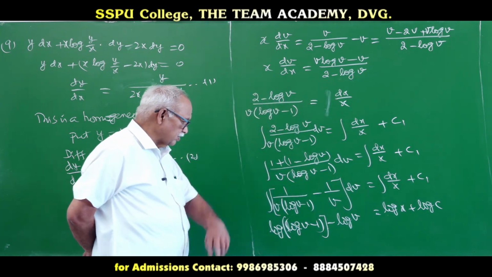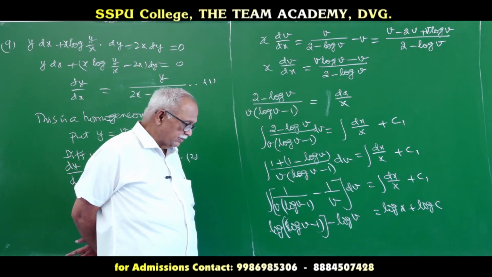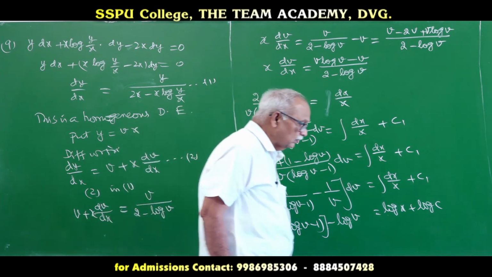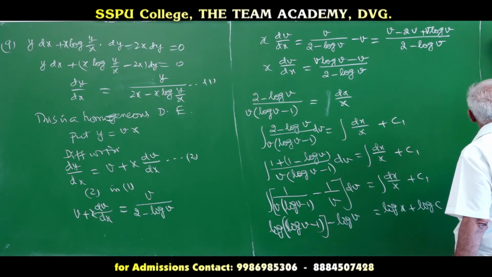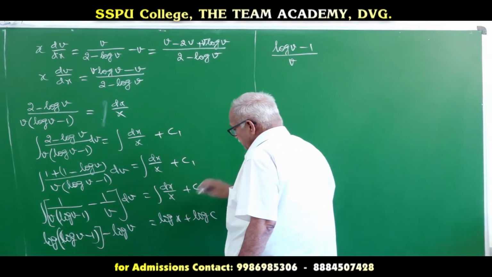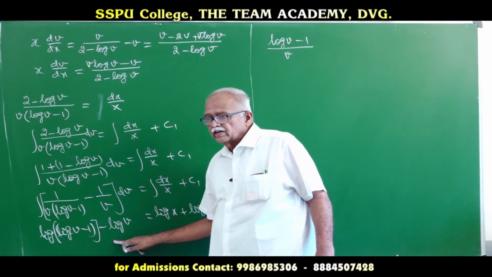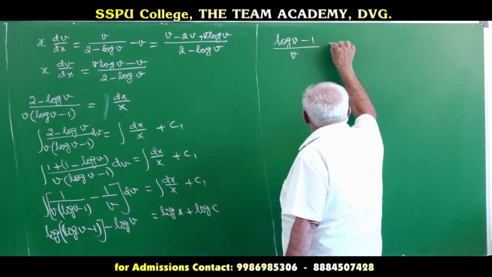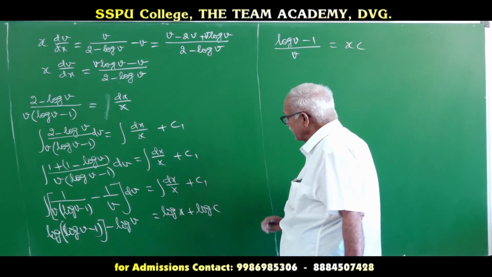So all the terms are in logarithms, so we can combine them appropriately. What is the answer here? Log of (log v minus 1) by v, using log a minus log b, is equal to log of x into c.